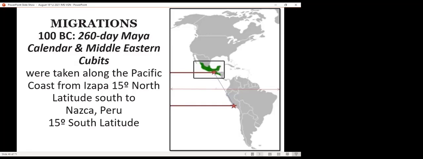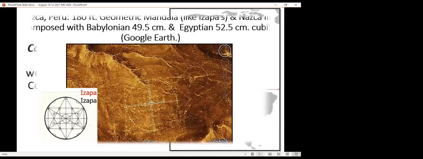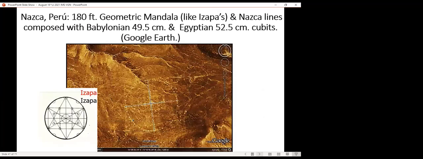On a hunch, I pursued this, suspecting that, based upon the equator, there could be a parallel system in South America, Peru. And this is where we were taken, to Nazca. And I'm seeing Izapa's system revealed there.